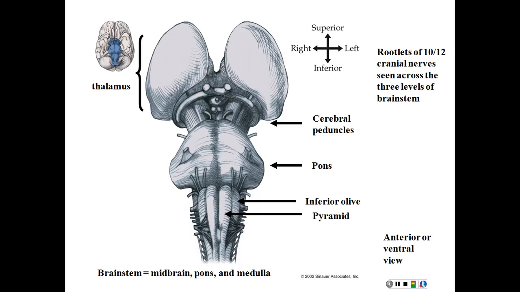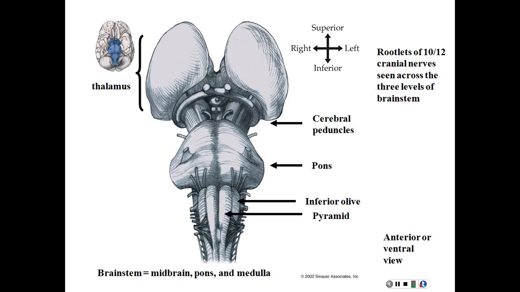I have pointed here to a couple of odd structures. I've already mentioned the pyramids. If I were to look at them histologically, they are nothing more than our corticospinal axons. Corticospinal axons are what you find in the pyramids.